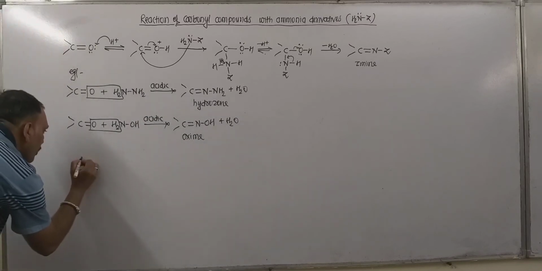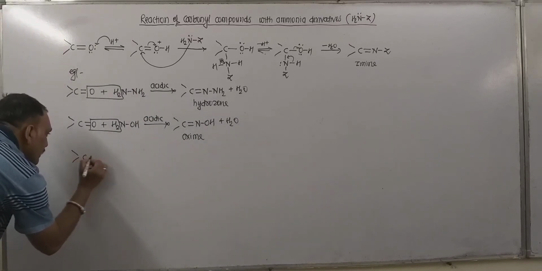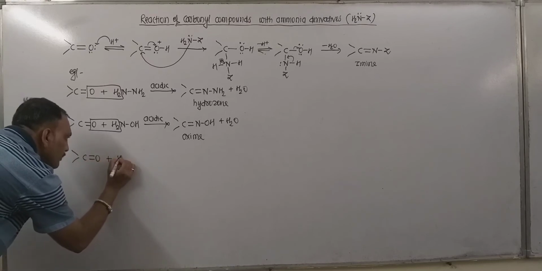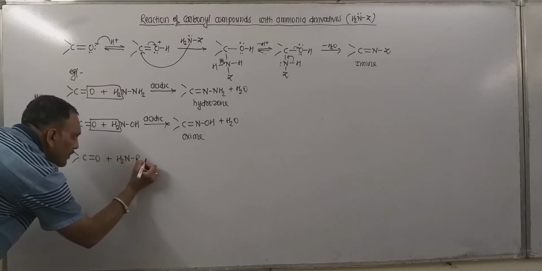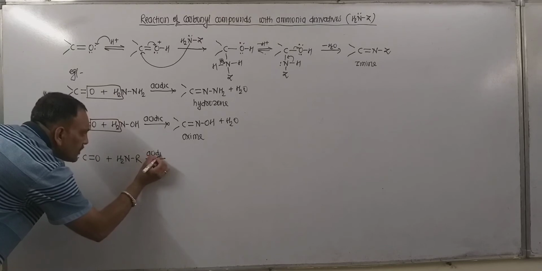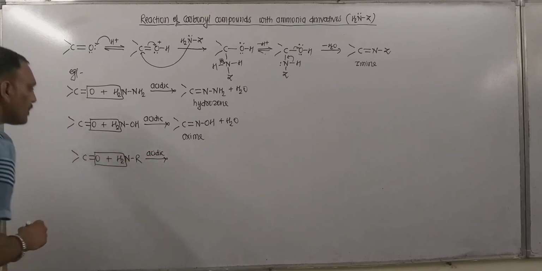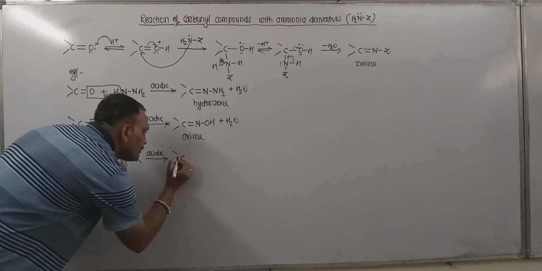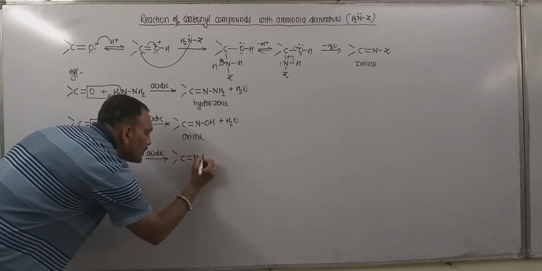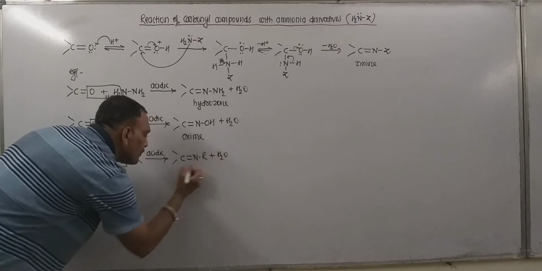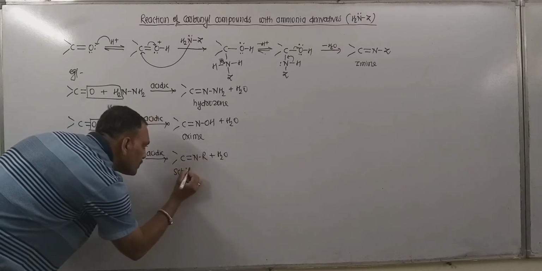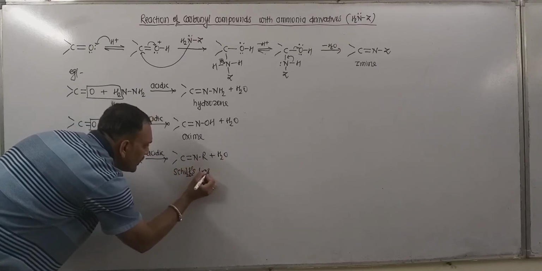Now the third very important thing is reaction with primary amine. Primary amines can be given as, when primary amines are treated with a carbonyl compound in acidic medium, then also departure of water takes place, on account of which this product is obtained, which is called Schiff base. So this is Schiff base.